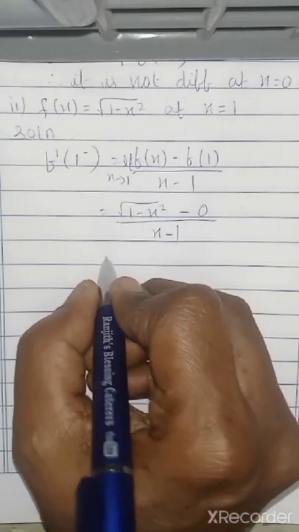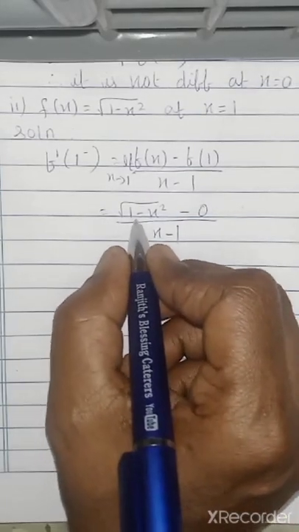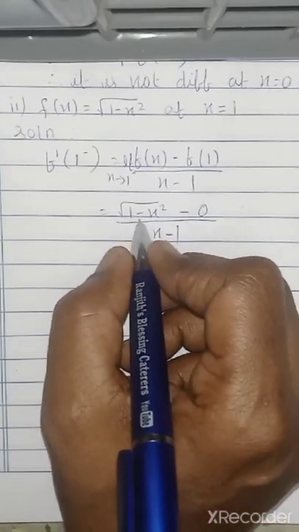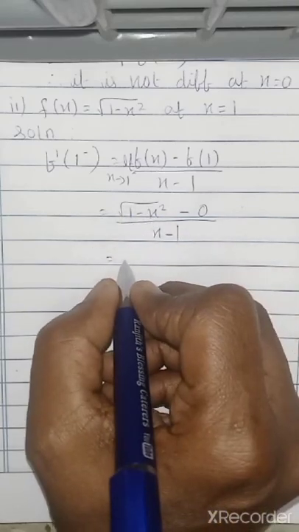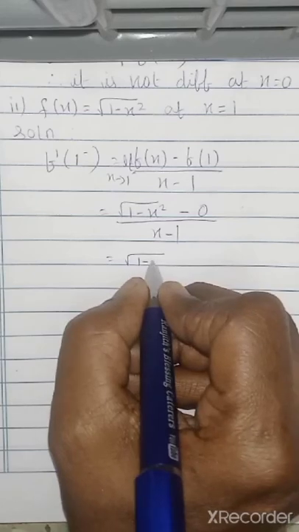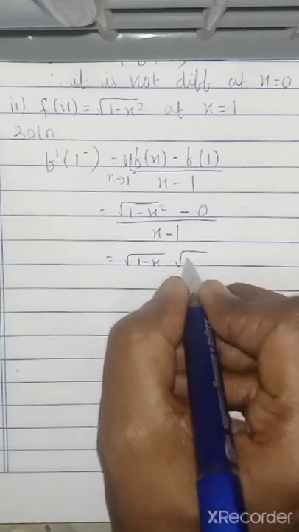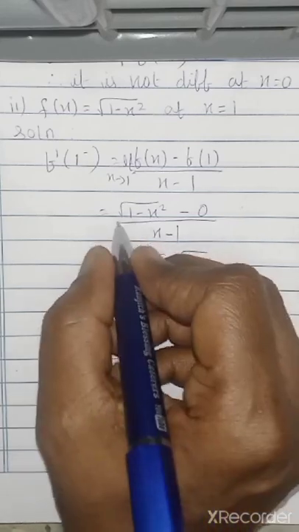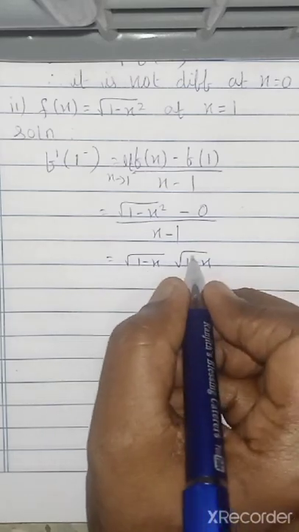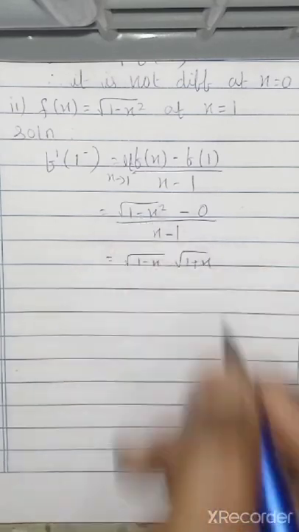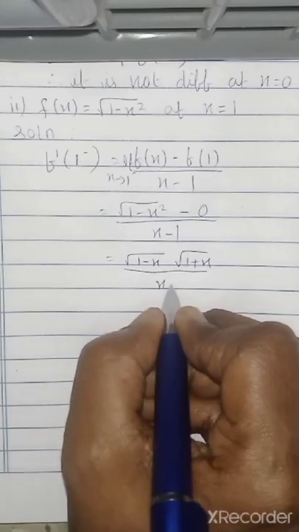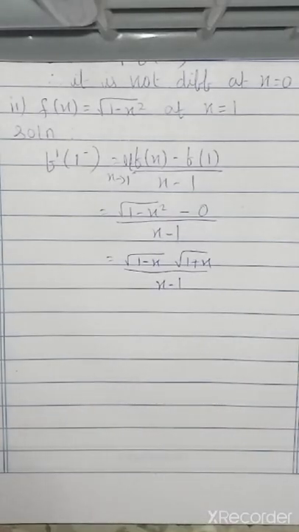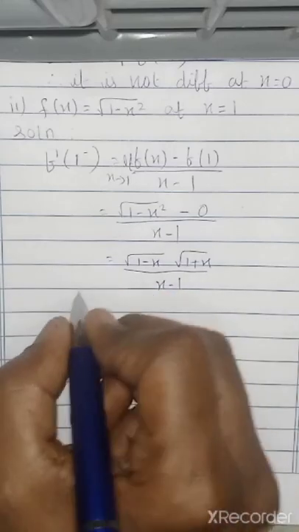Well, this one we can write as the square root of 1 minus x squared, which is the square root of 1 minus x into 1 plus x. 1 minus x into 1 plus x is 1 squared minus x squared, divided by x minus 1. Okay, so here again, how can we write this?